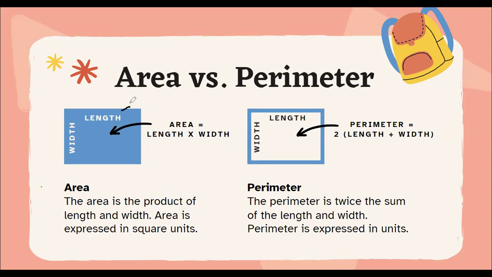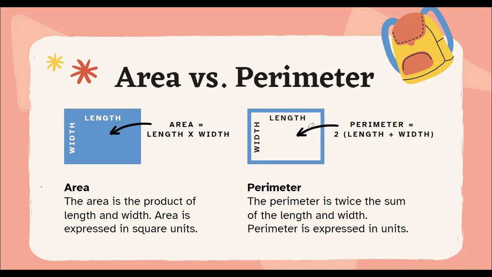For example, let's say the length is 4 centimeters and the width is 3 centimeters. You just have to multiply, so it will be 3 into 4. What is 3 into 4, guys? 12. So the area will be 12, and you write it in square units.